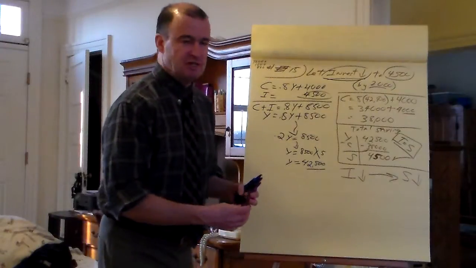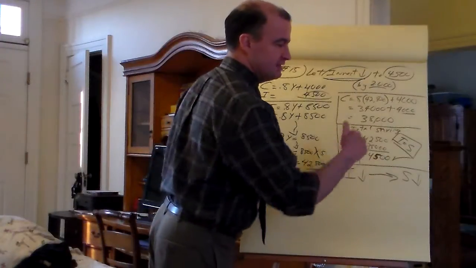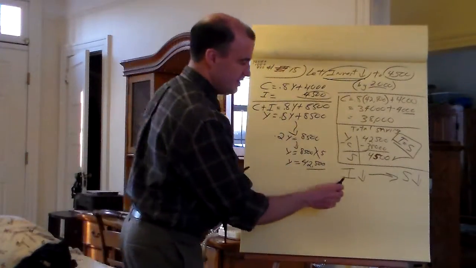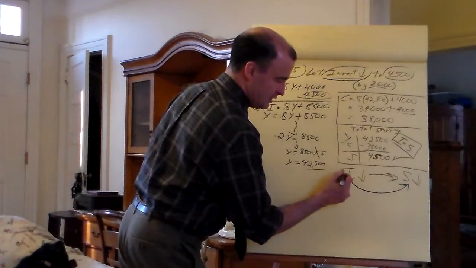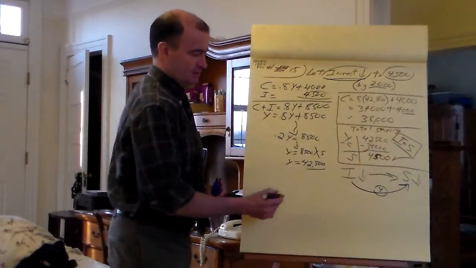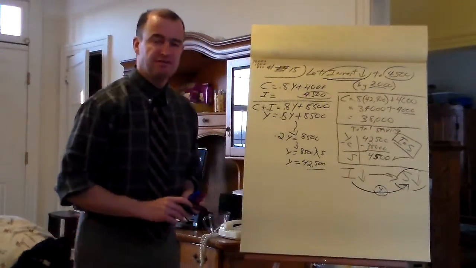If you've seen the video on Say's Law, it puts it the other way around. They say saving creates the investment because interest rates go down. Keynes says, no, it's not really like that. It's investment causes the saving because investment is connected with income. So if investment goes down, incomes fall, and saving suffers.